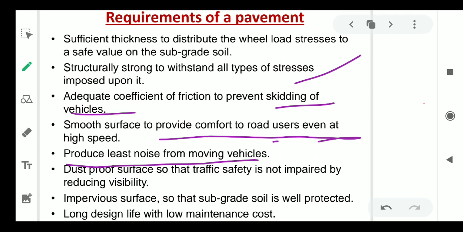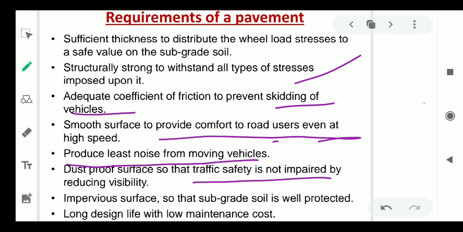Dust proof surface, so the traffic safety is not impaired by reducing visibility. It is also important that the quality of the material should be so strong that no dust or dirt is raised due to the vehicle movement.